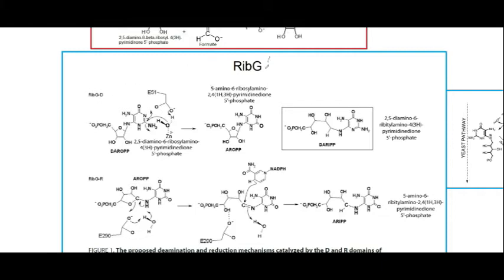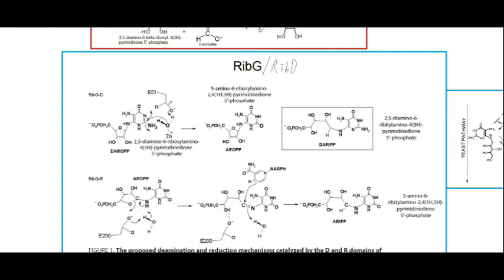I could have added RibD up here as well, and in fact, RibD is the structure that I'm going to be looking at, so I probably should have put that in there more prominently. But this is the RibG, the RibG deaminase, so D for deaminase mechanism right here.